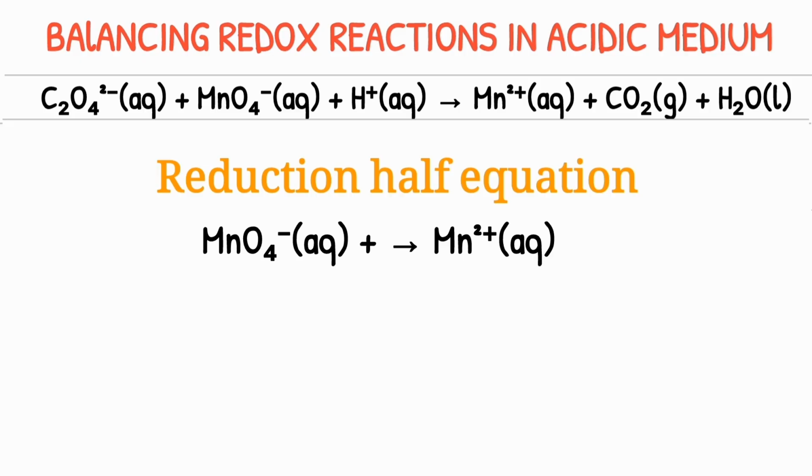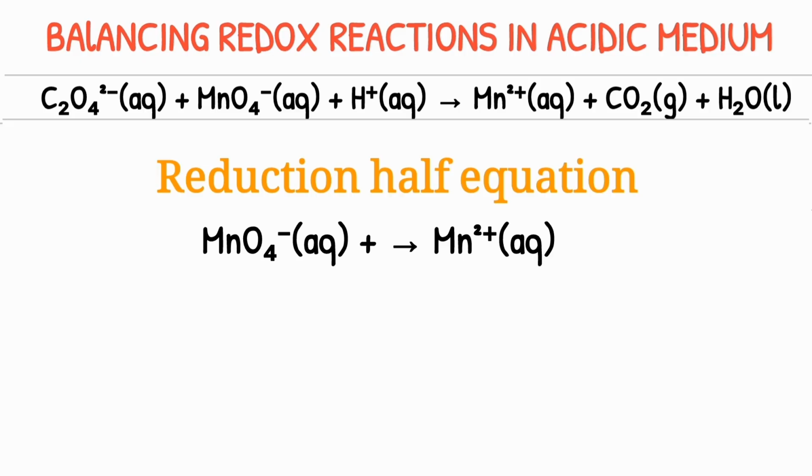That's the equation we have on the board. Now we start balancing our number of atoms. If we look at the left hand side of the equation where we have permanganate, we discover that we have 1 manganese there. And when we look at the right hand side of the equation, we equally have 1 manganese.